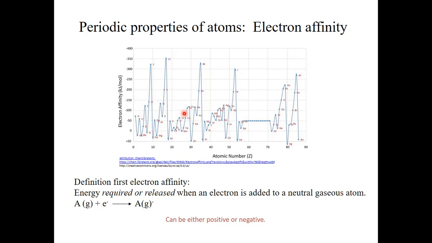Could you repeat what you said about the half-filled subshells and how that affects the trend? Yes. So whenever an element has a full subshell or half-filled subshell, then that represents a pretty stable electron configuration. So in this case, it's energetically unfavorable to add an electron to the neutral atom.